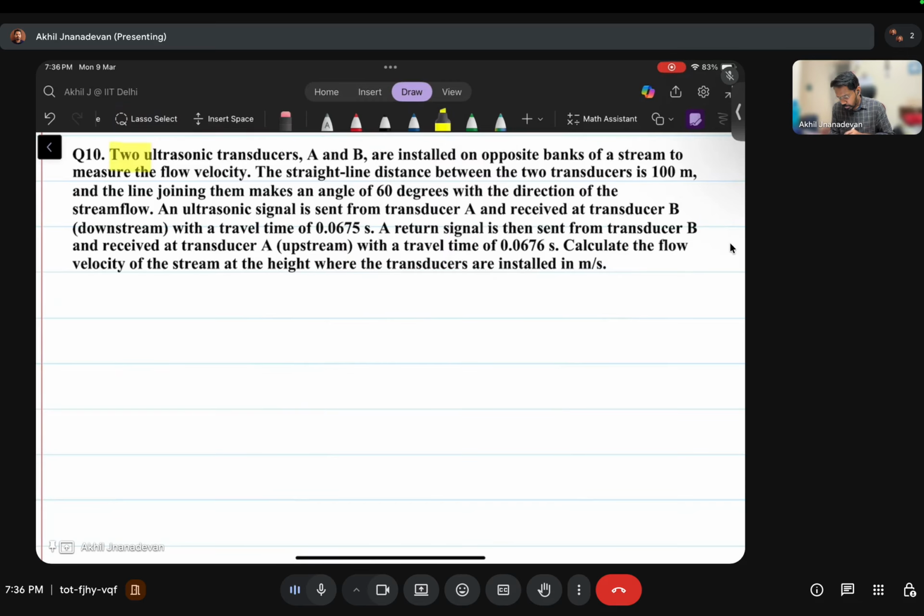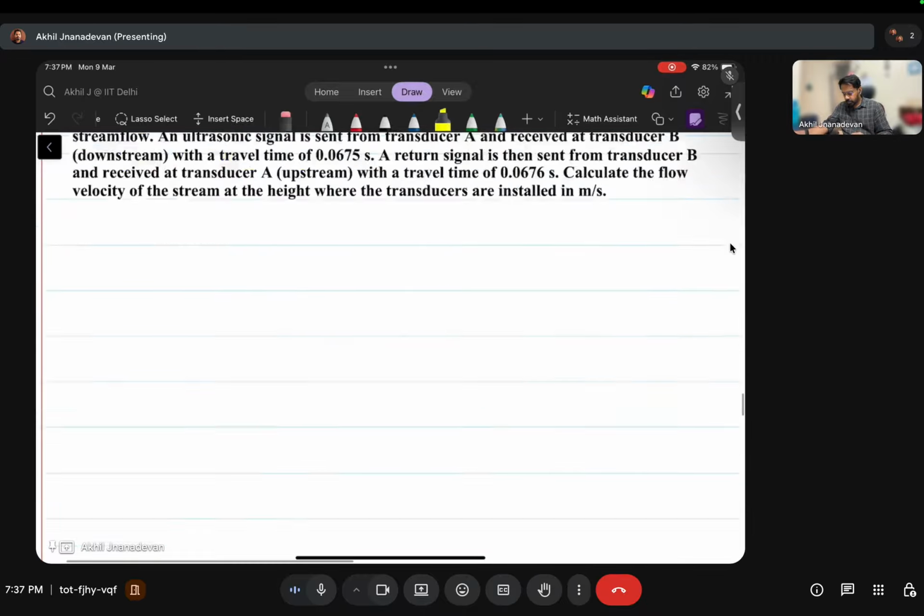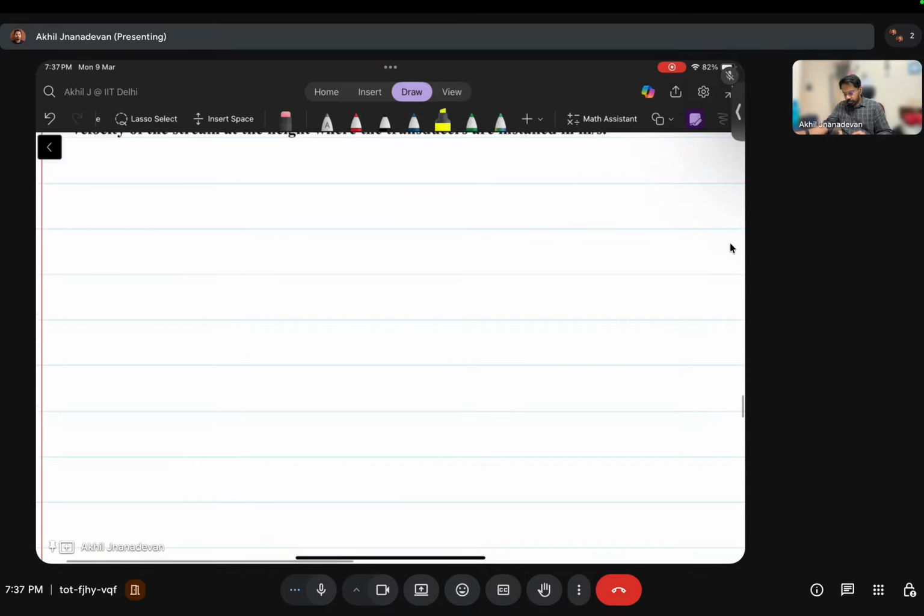If two ultrasonic transducers, A and B, are installed on opposite banks of the stream to measure the velocity. So first we'll look at the theory once, we'll revise the theory and then go on to the question. So this is the ultrasonic method.